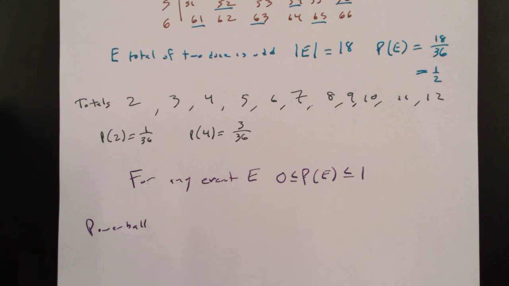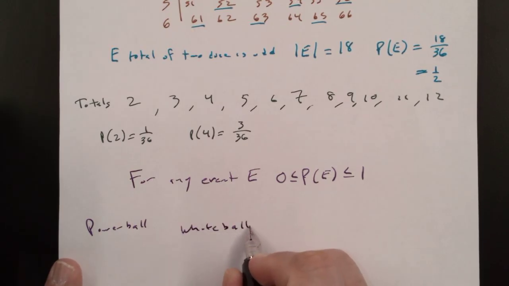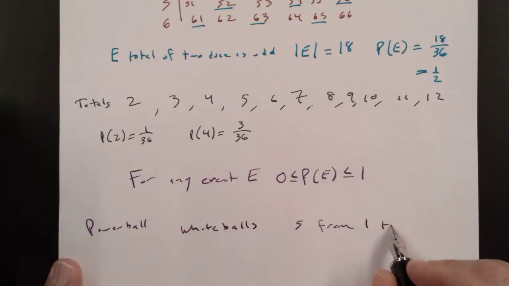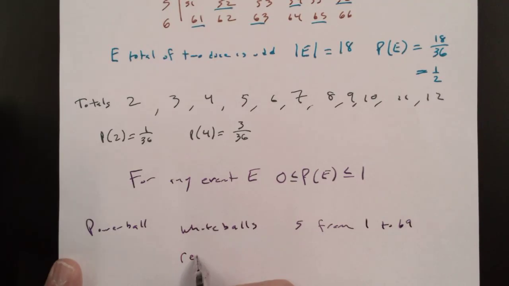Okay, but there's a little bit more. Pick 5 numbers from, okay, and those are the white balls. Then 1 to 26. So I have to actually pick 6 numbers to play a Powerball ticket.